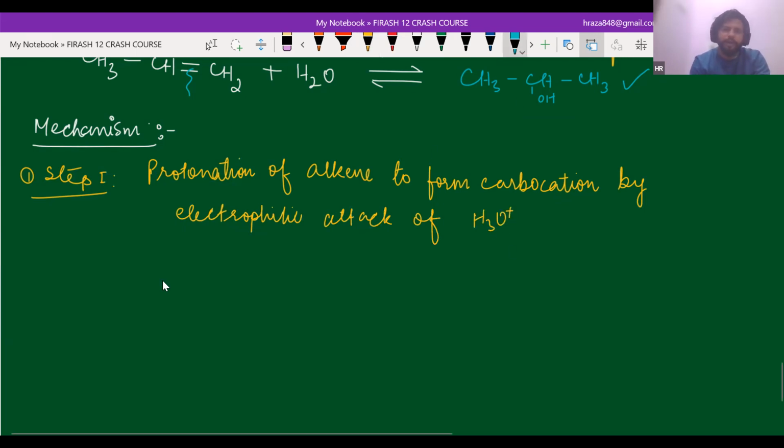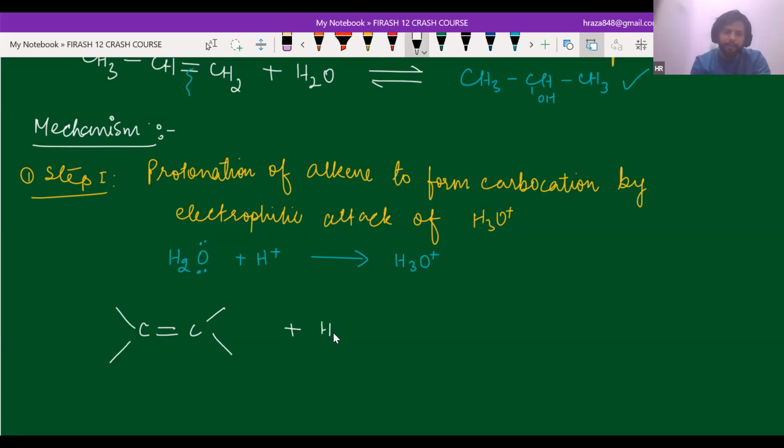Now what happens when you mix H plus in this H2O? There will be formation of H3O positive, hydronium ion. And this hydronium ion will attack this alkene.